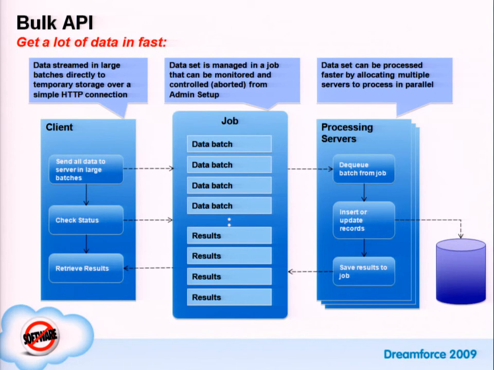It's our first RESTful-based web services API. Everything else prior to this has been SOAP-based. You can push in a large file. It then parallelizes the job inside of our platform, splits it up, and then loads the records very quickly into Salesforce. With this solution, we have seen an order of magnitude increase at the rate in which you can load records into the platform.